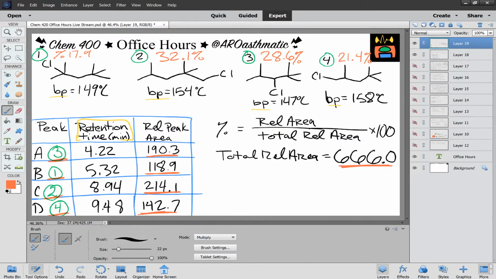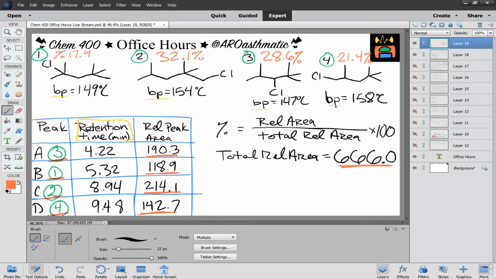And you already know the answer. Can you explain why they're different? The answer is that it's not just the statistical abundance of hydrogens at each position that determines how much is made. It's a combination of the abundance of hydrogen at that position with the reactivity of those hydrogens. How stable is that radical? All right.